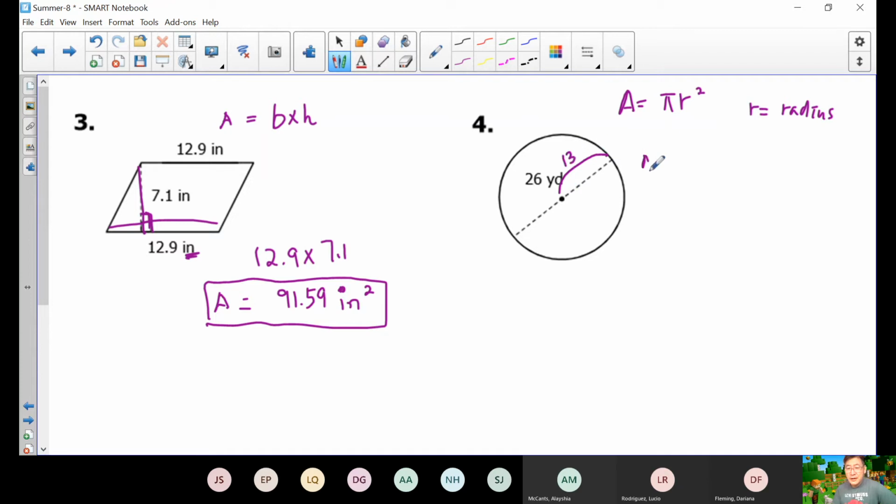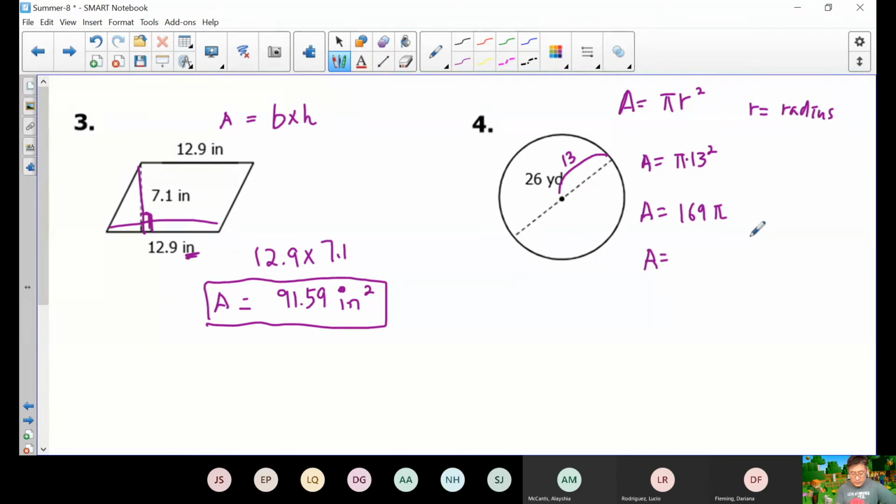So I have area equals pi r squared. I mean, you can just write it as pi. This is 169 pi. Or you can calculate it as a number.